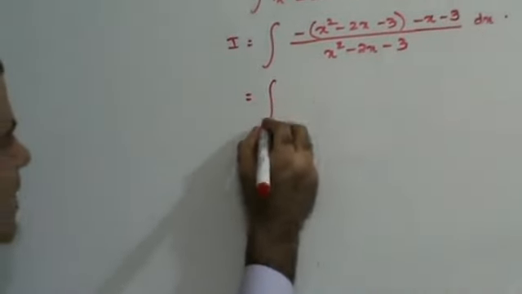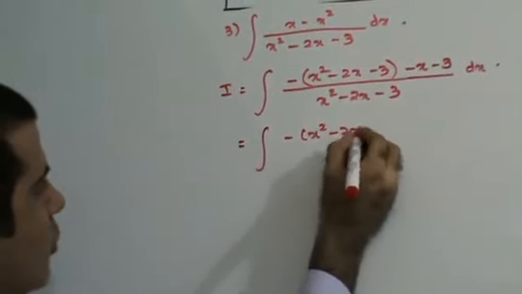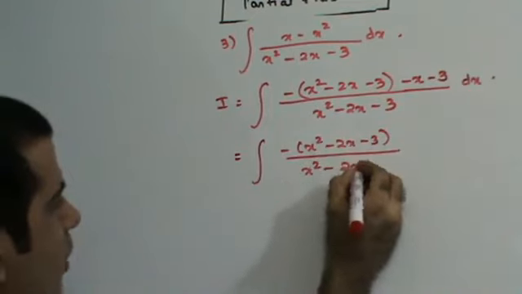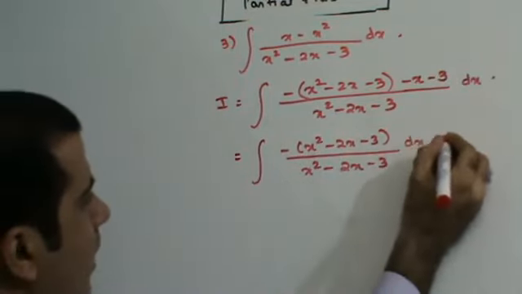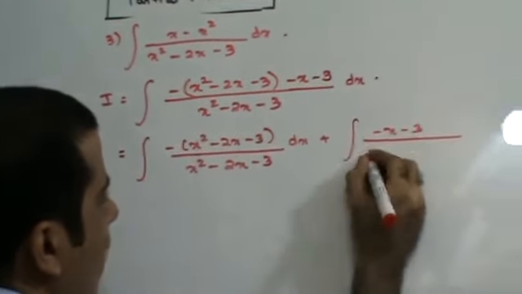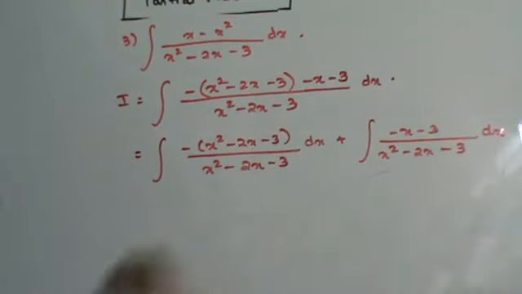This can be written as, split the numerator, x square minus 2x minus 3 upon x square minus 2x minus 3 dx plus integral of minus x minus 3 upon x square minus 2x minus 3 dx. Right?